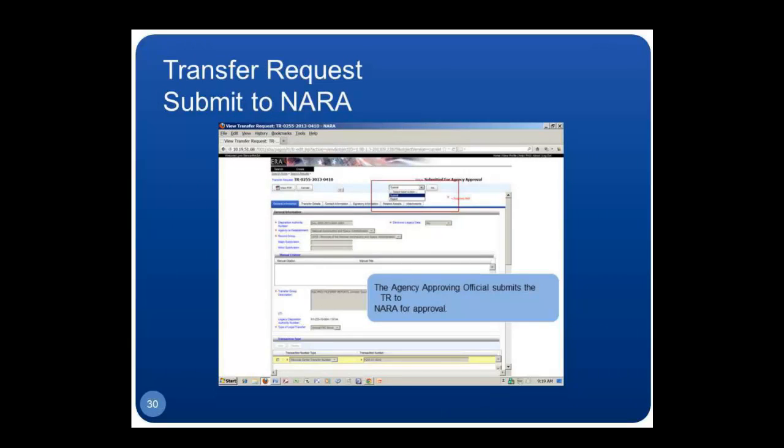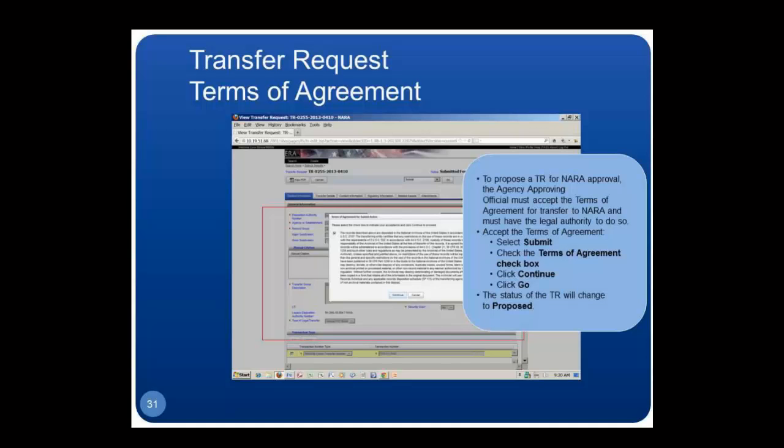At that point, the terms of agreement will appear on the screen, and this is the terms of agreement that were applied to the SF-258. This is one of the elements from the SF-258 which remains virtually unchanged. There were a few copy-added elements updating SF-258 to transfer requests, things like that. But otherwise, the terms of agreement and function and purpose remain unchanged from the SF-258.